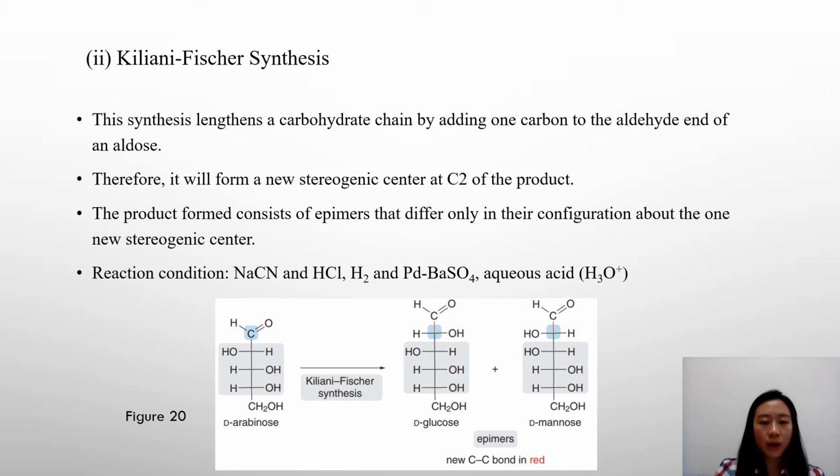The reaction conditions required are sodium cyanide and HCl, hydrogen and a palladium catalyst, Pd/BaSO4, and aqueous acid. Figure 20 shows the general equations for the Kiliani-Fischer synthesis, and D-arabinose is used as an example. So D-glucose and D-mannose are formed in this synthesis, and they are epimers.